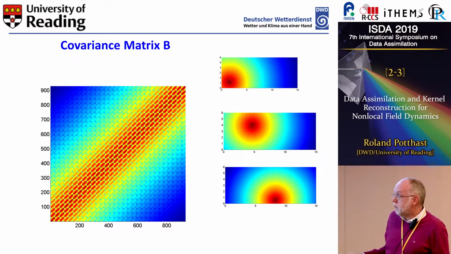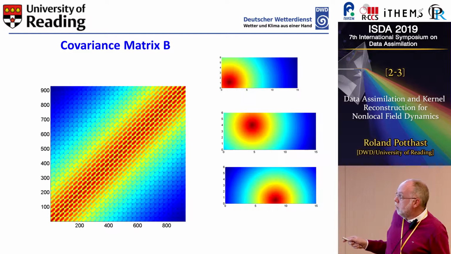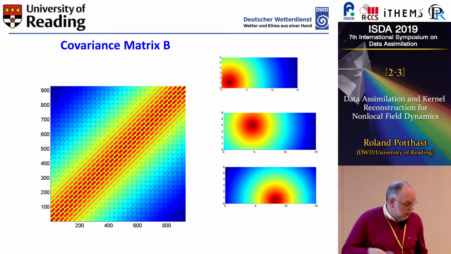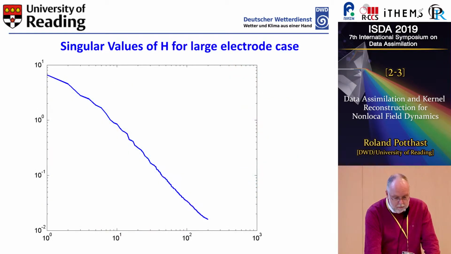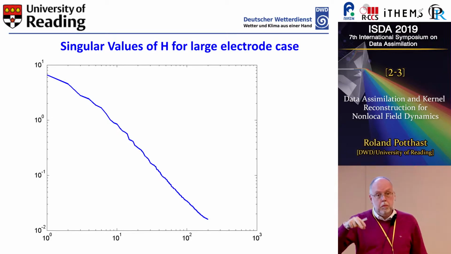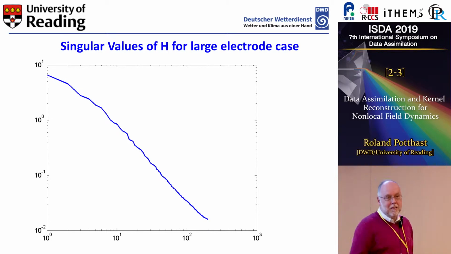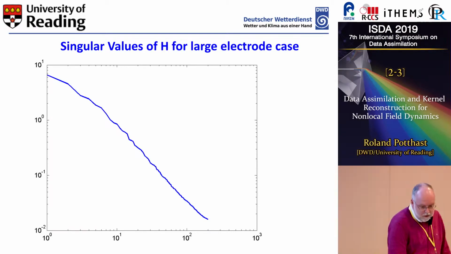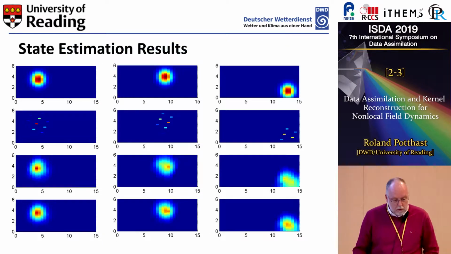Here it would be for 1,000 or 900 points in each direction. And here you see different points, the covariance to the neighborhoods. And so, Gaussian covariance matrix. If you have this electrode case, it's an ill-posed problem, so you get singular values going down exponentially. This would be similar to IASI or other kind of satellite data. Quite similar behavior.